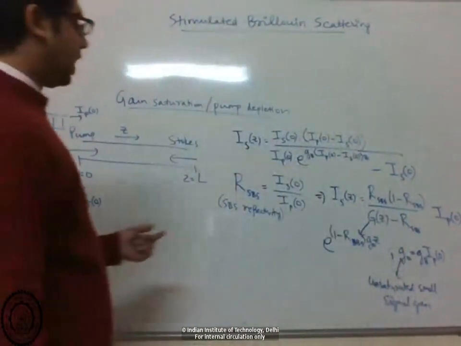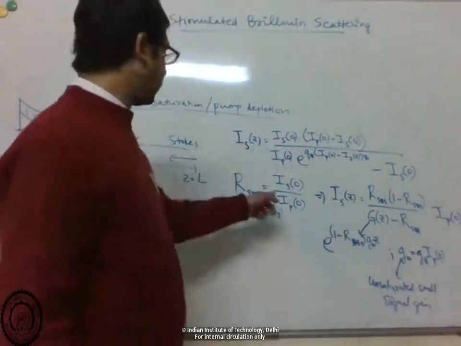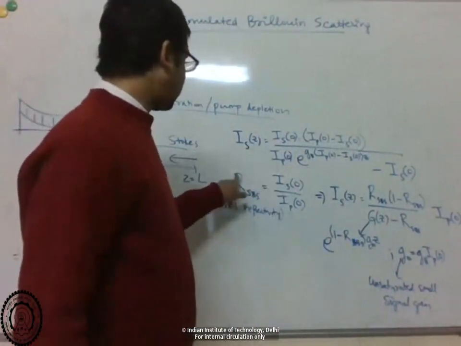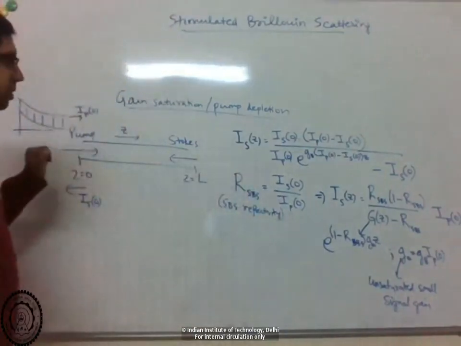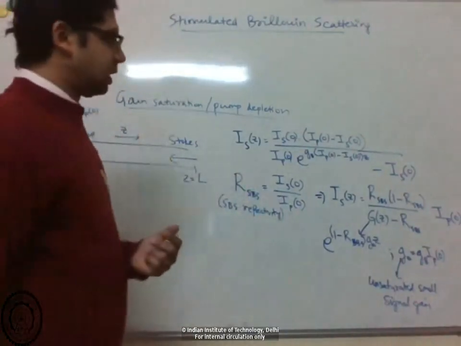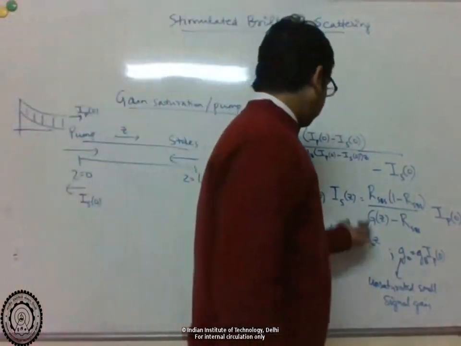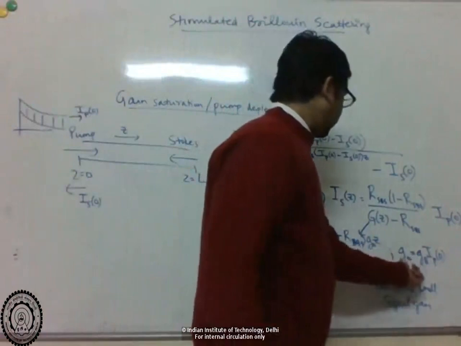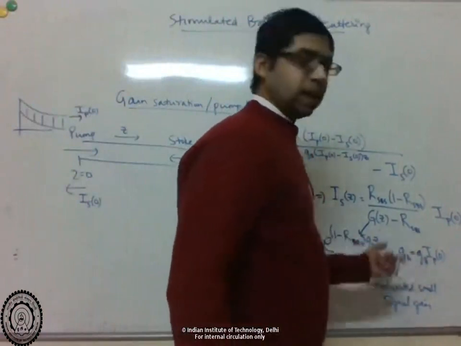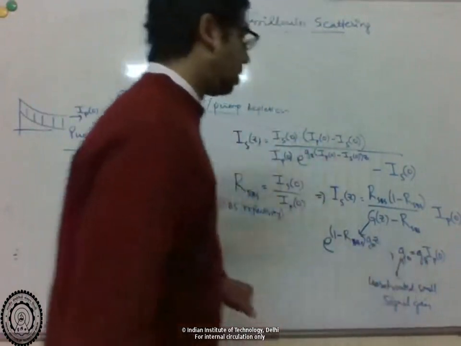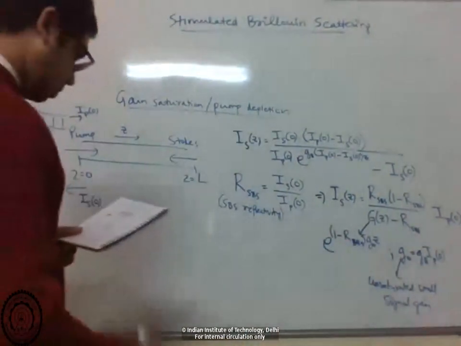So when the reflectivity is very small, which means the pump is sort of undepleted, so when R SBS is much less than 1, which means IS of 0 is much smaller than IP0, so the conversion is very small, then basically you can see that the gain will just be given by e to the G naught Z. So that's why it's called the unsaturated gain.